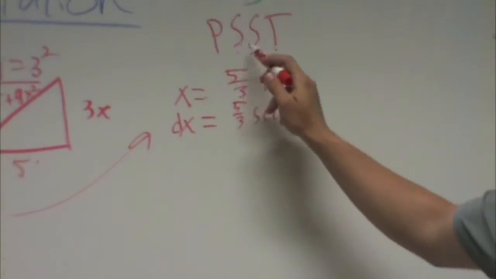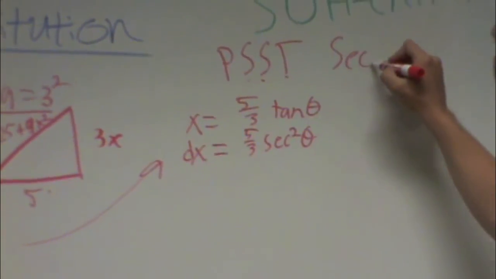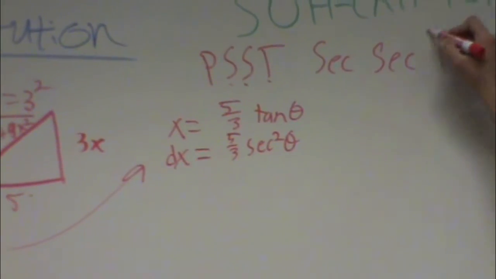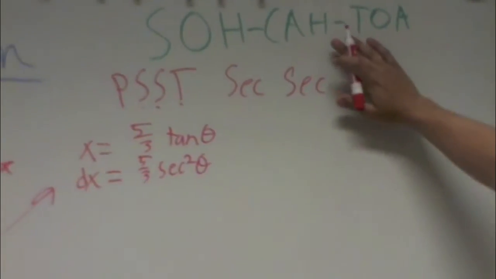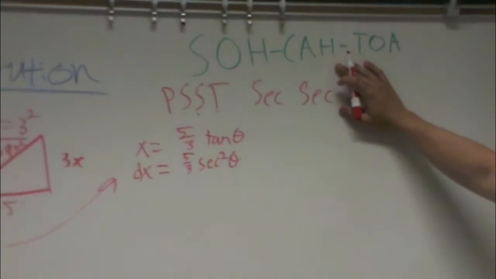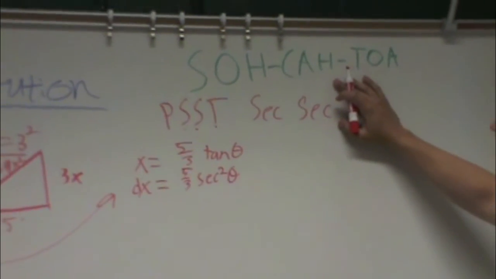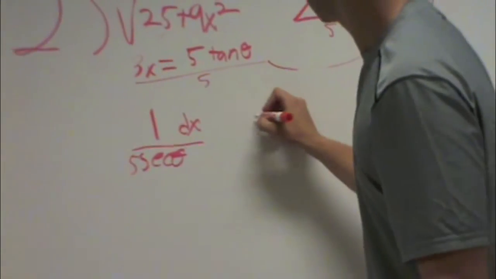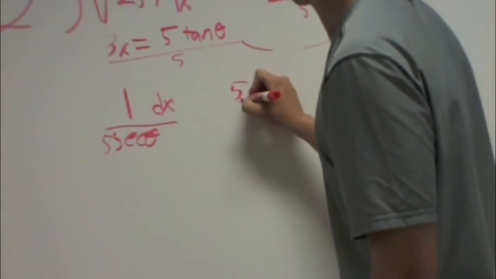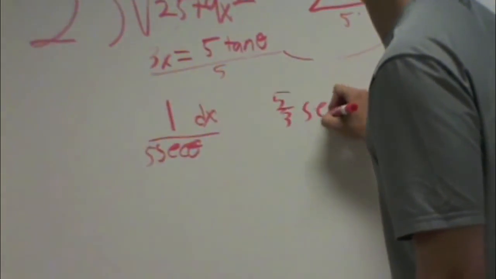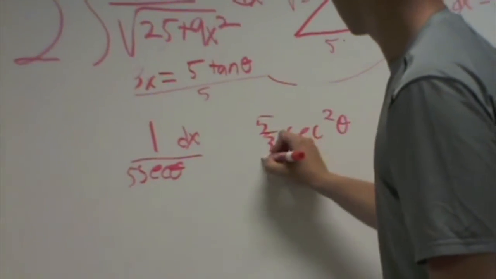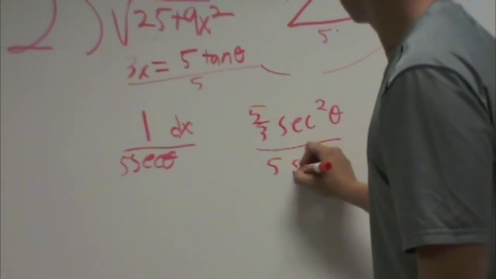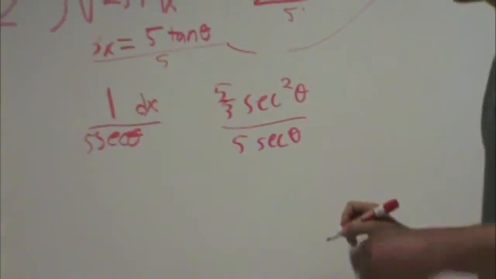If you guys remember the rule, secant, tangent, just cover up whichever one you're doing the derivative of, and you got the answer right there, secant squared. So we plug that in for dx, so we have 5/3 secant squared theta over 5 secant theta.